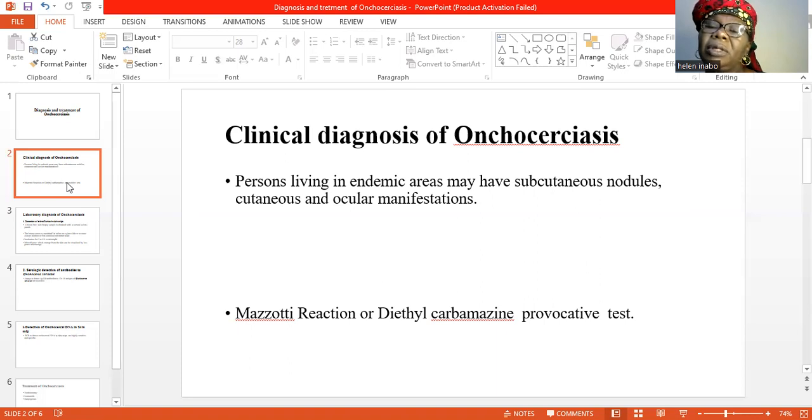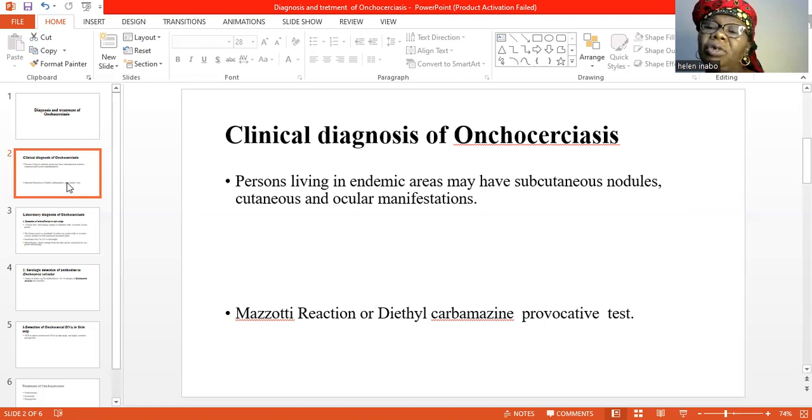Then you have the Mazzotti reaction, or the diethylcarbamazine provocative test. This is simply the administration of 0.5 milligram per kg to 1.0 milligram per kg of diethylcarbamazine.